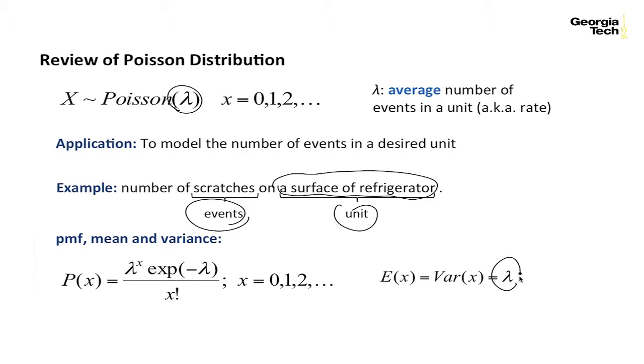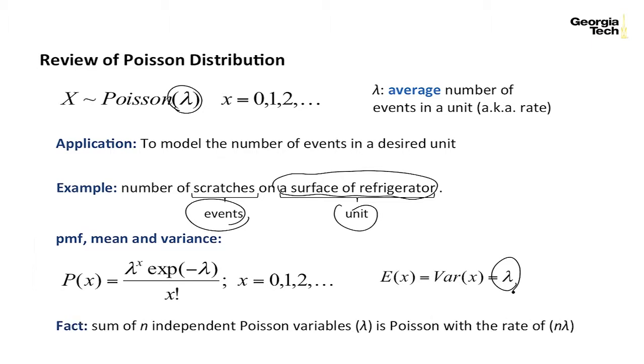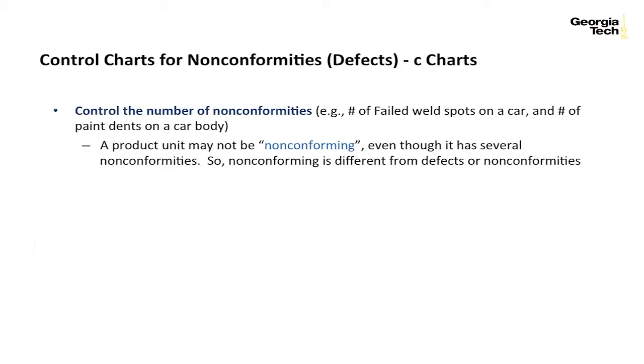The mean and variance, which we usually use to construct the control chart, are equal, and both of them are lambda. Now, if I know this lambda, then I can easily find the control limits LCL and UCL. The C chart is used to monitor those Poisson random variables, or the number of defects, or the number of events in a unit.